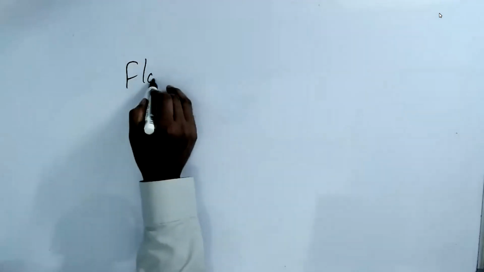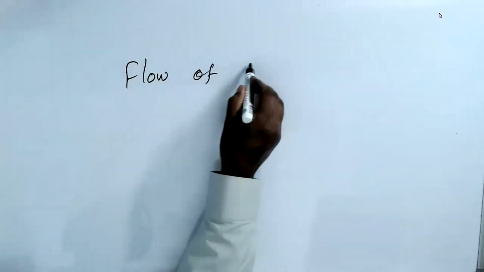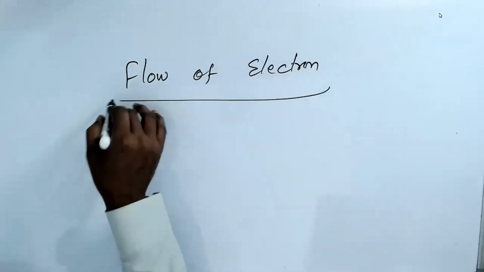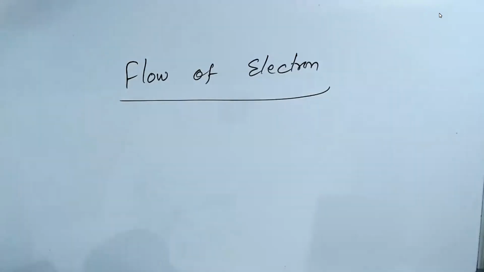The first one is, if I ask what is electricity, it's a very simple word. What is electricity? Most of us always give the answer: it's called flow of electrons. Am I right? When I say what is electricity, we say the answer is flow of electrons.